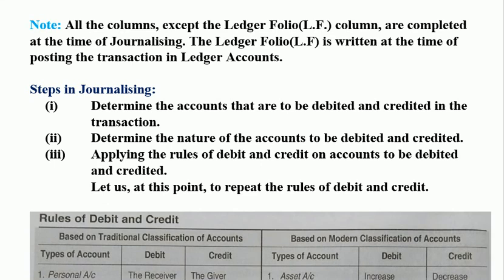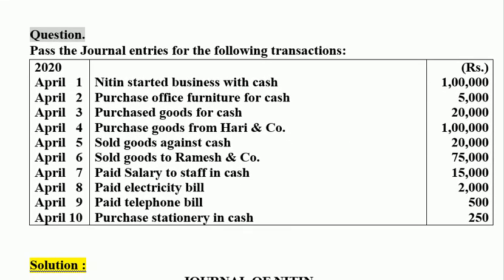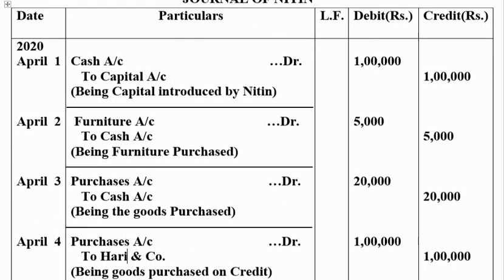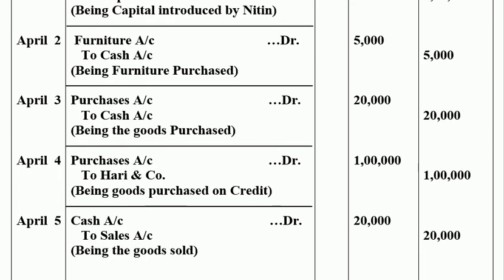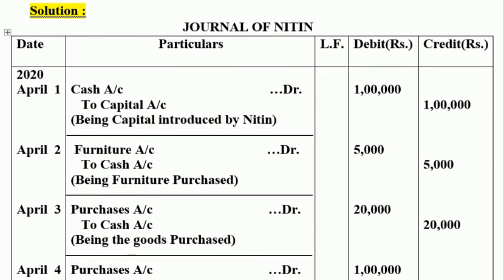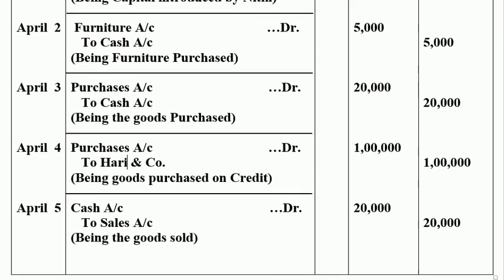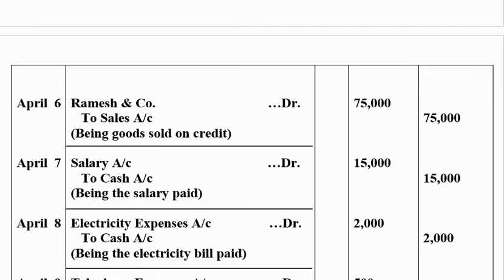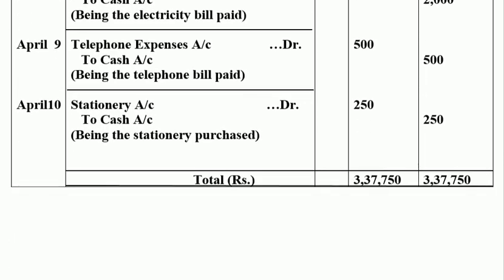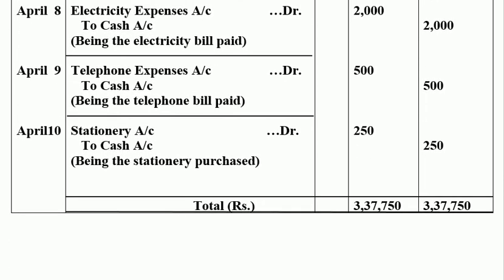So write down all these questions as well as solutions in your notebook, and understand how to record all these transactions in books of accounts. And this is the end of this video today.